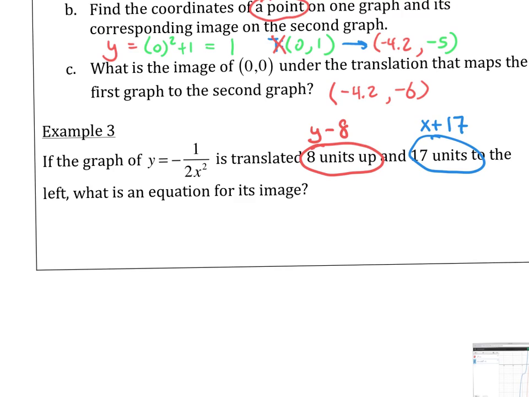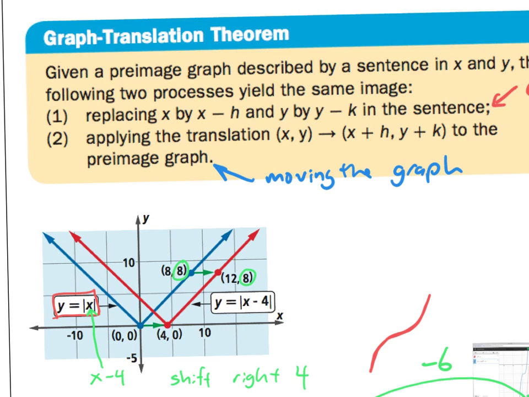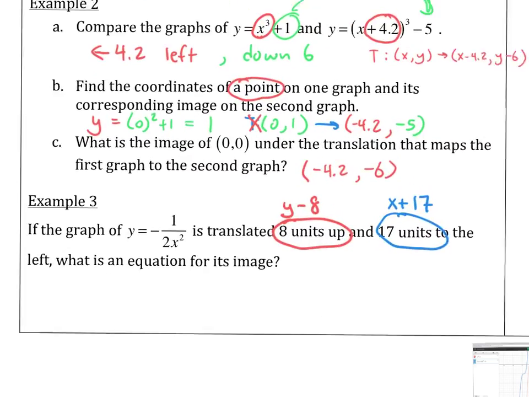So remember what our function says up at the very top. Notice what we replace them with. I just replaced the entire x with x minus h. I replace the entire y, doesn't matter where y is, on the left or the right side, with y minus k. Now, since I'm going up, I'm going to say minus a positive. Since I'm going left, I'm going to minus a negative.